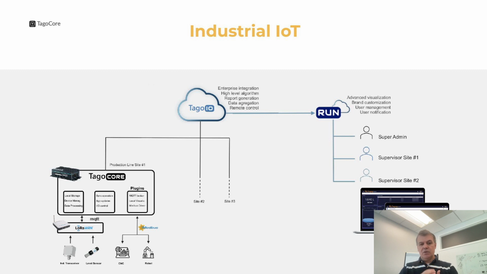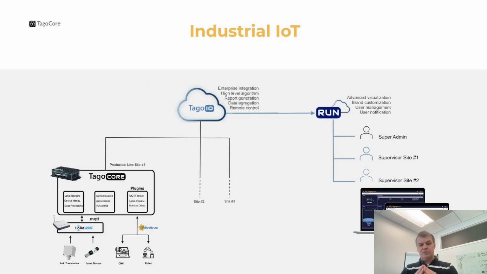That is where you are going to create policies to determine who is going to access what. For example, you can give information about one plant, one site, to one administrator or one supervisor, and then you can give information from other sites to other people. So you can take advantage.